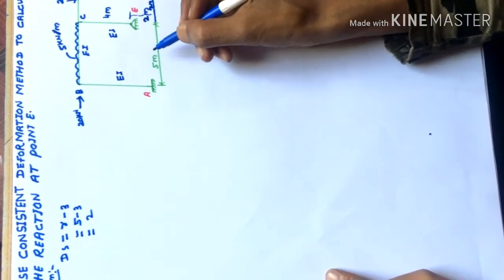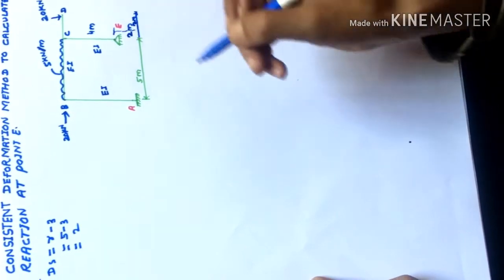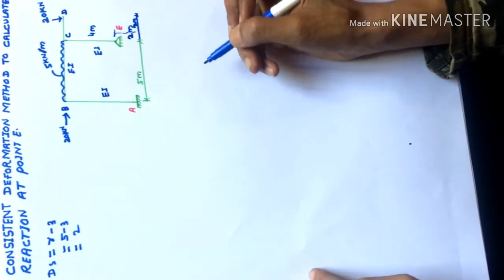So according to the force method, we have to remove restrictions to change it into a determinate structure. So let us analyze this.